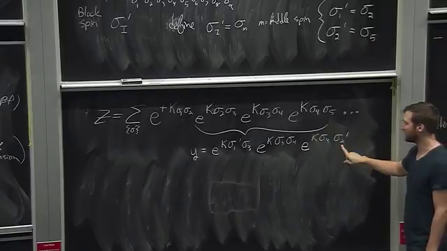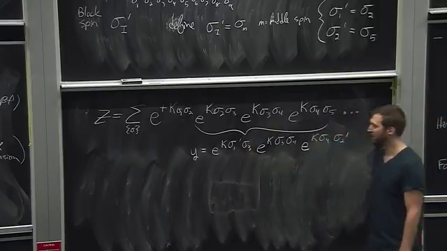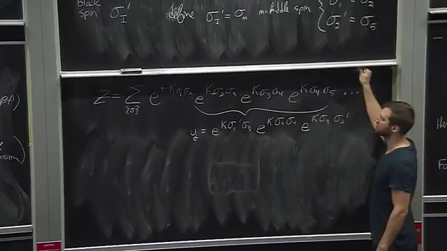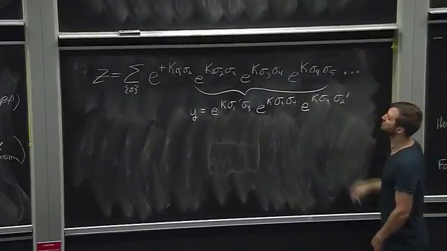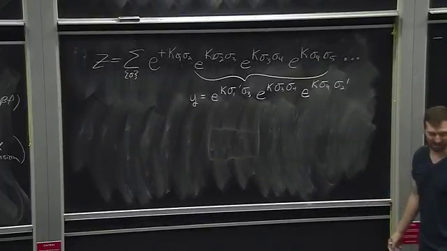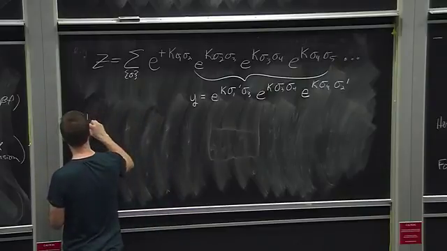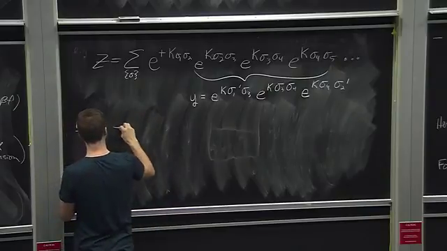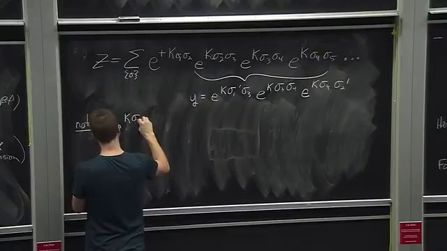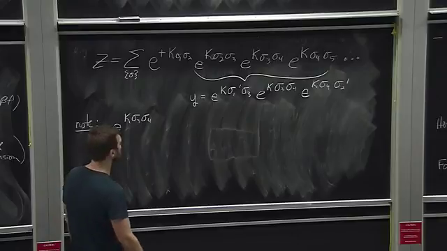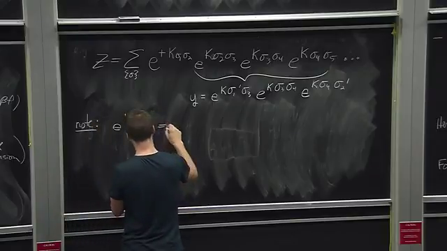So keep track of the block spins. This is a block spin, this is a block spin. I'm just decimating the rest, I'm just going to trace over them. So this is like the easiest thing you can do. I think I haven't shown you this in this class before. I've got that middle term, sigma 3, sigma 4. I'm going to be taking a trace over that.